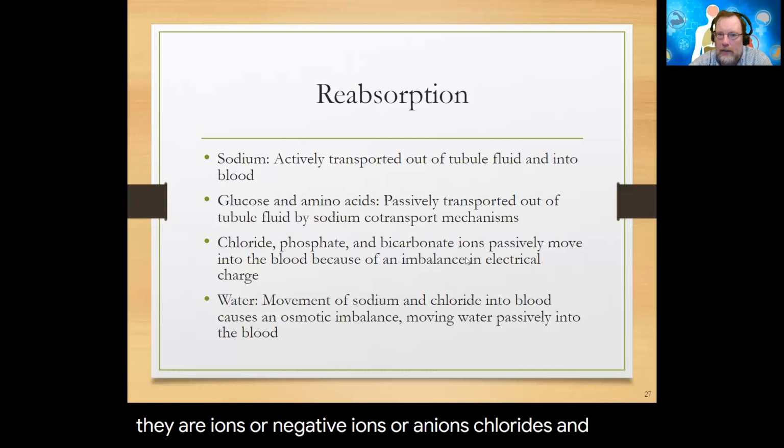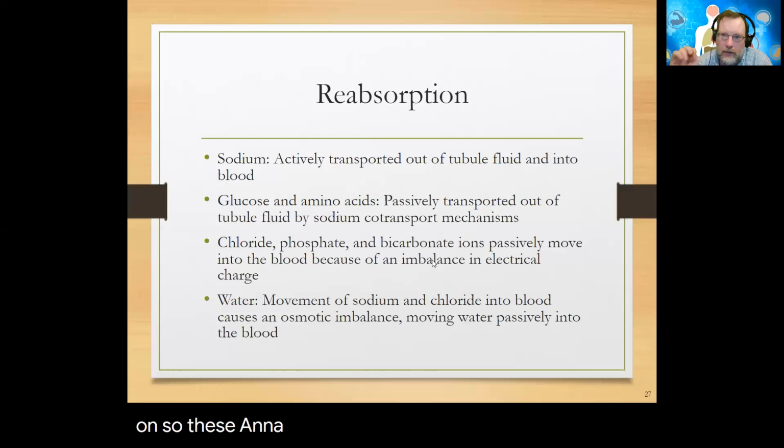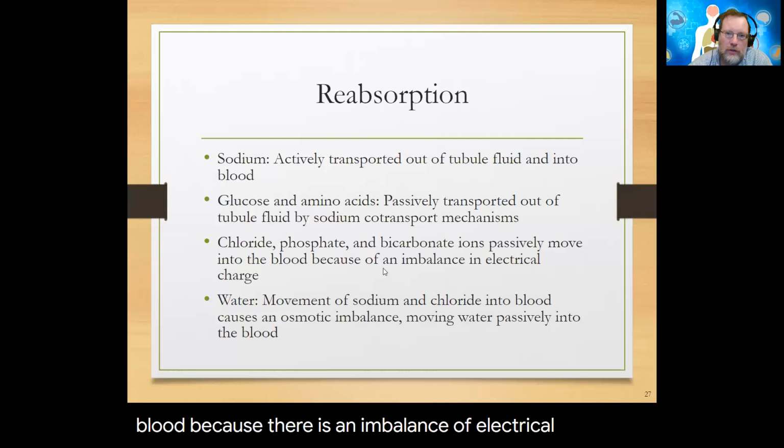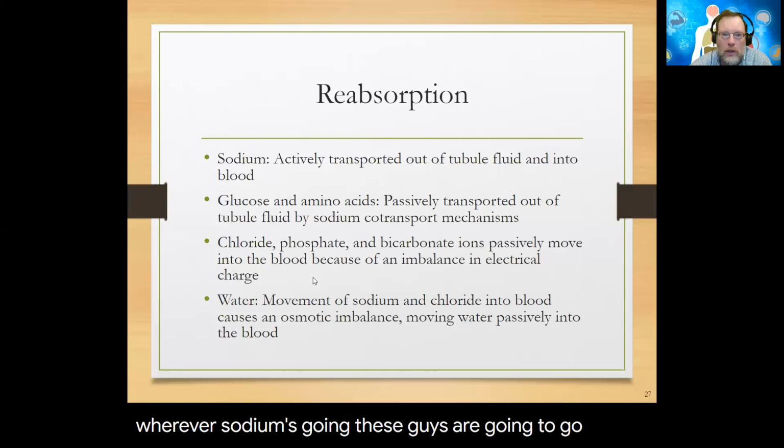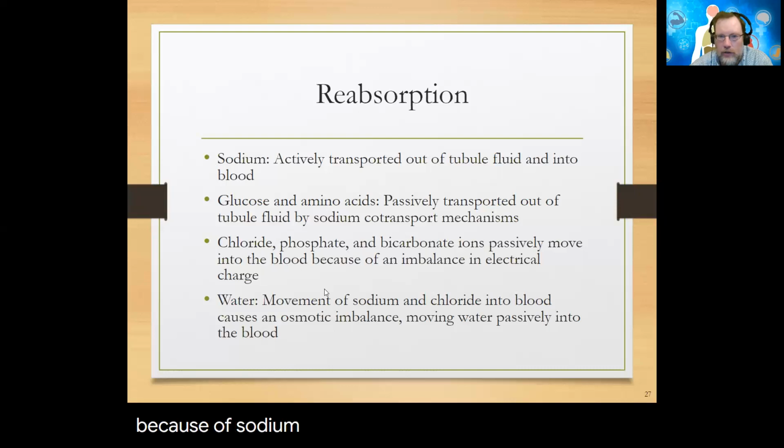Chloride's an anion. So these anions are going to passively move into the blood because there is an imbalance of electrical charge. So these guys basically stick with sodium. Wherever sodium's going, these guys are going to go because of sodium's positive charge.